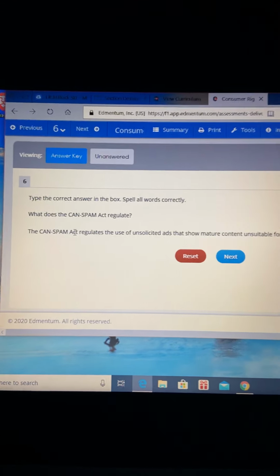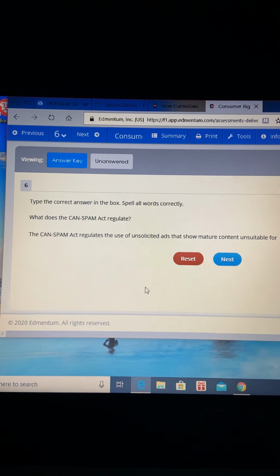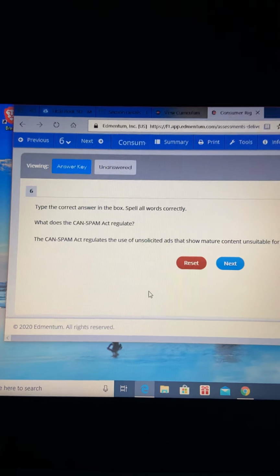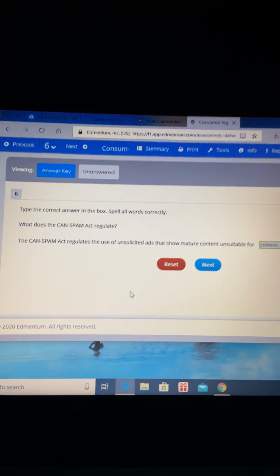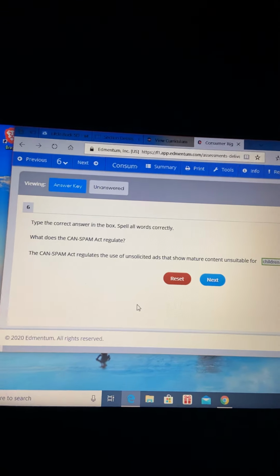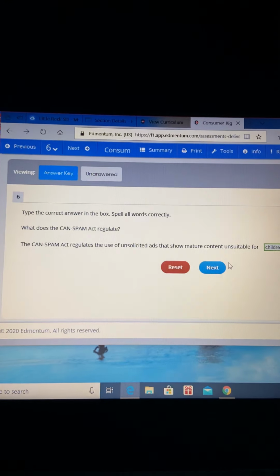CAN-SPAM. It's a really funny name, but there's regulation of cigarette ads and alcohol ads. You can't market vaping stuff toward children. You can't try to sell kids illegal stuff. That's the CAN-SPAM Act.